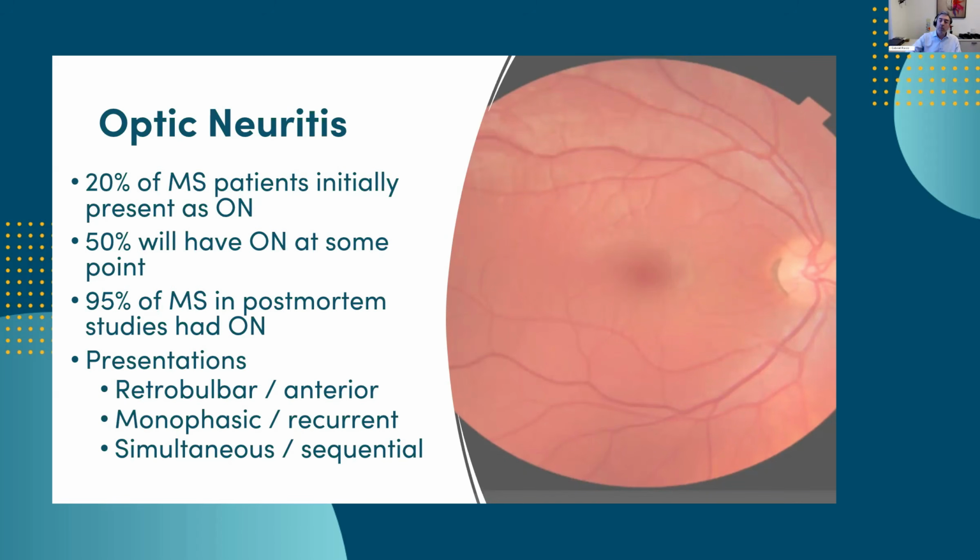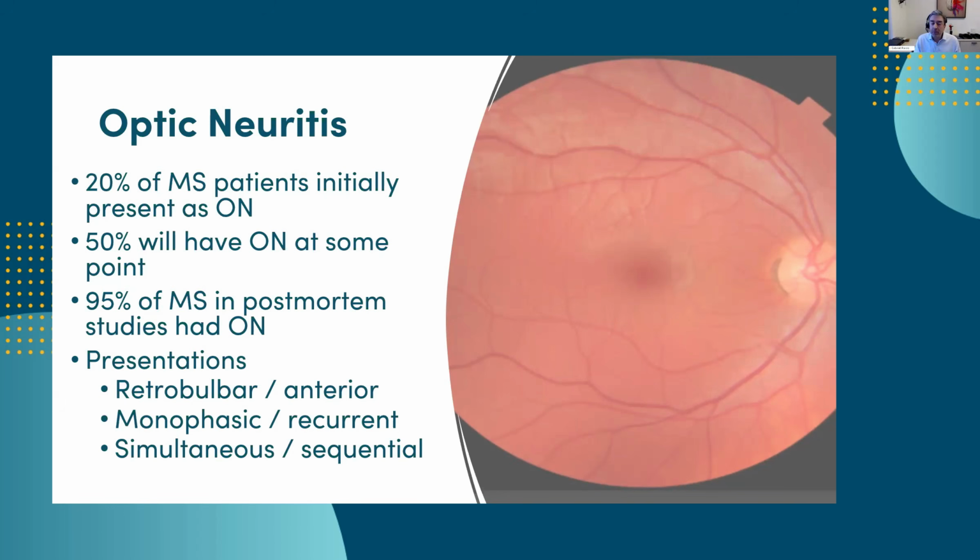Now, as we follow people over time through their journey with multiple sclerosis, up to 50% of all of you with MS will have had an episode of optic neuritis. Sometimes it is subclinical, meaning that you might not have all the manifestations, but we will be able to identify that as we examine you.